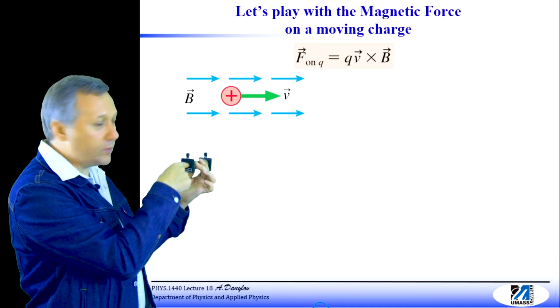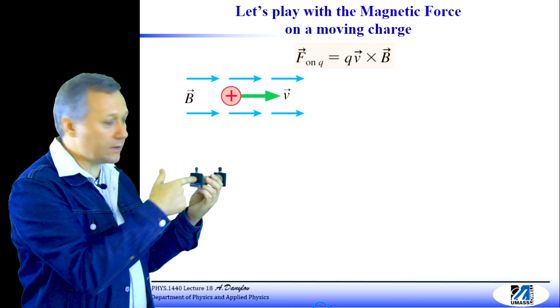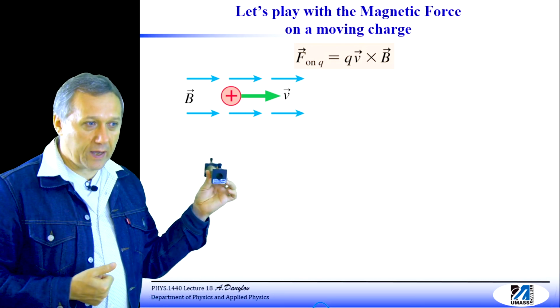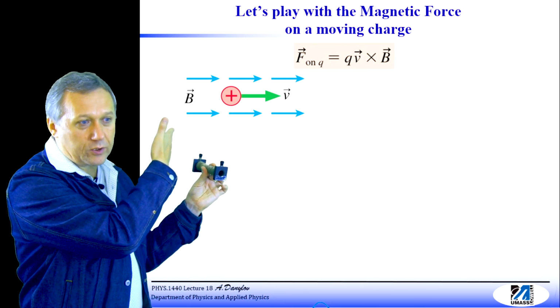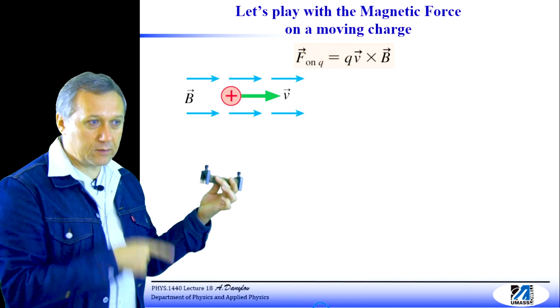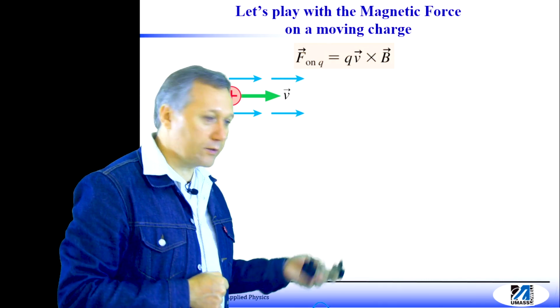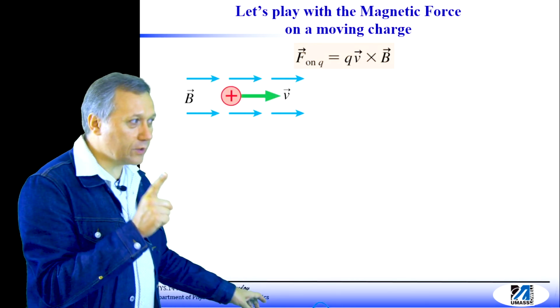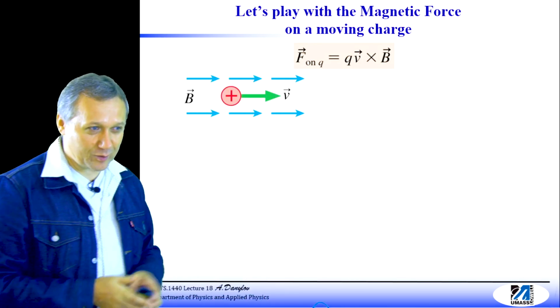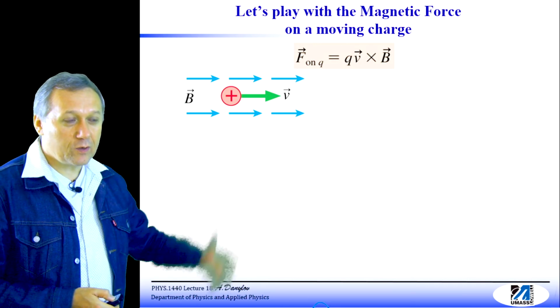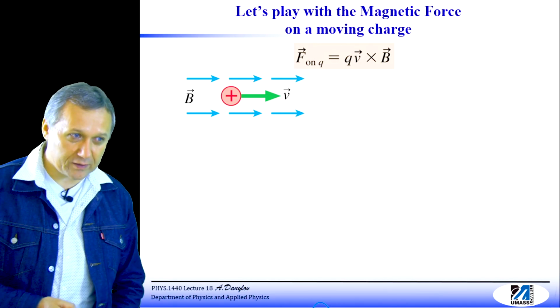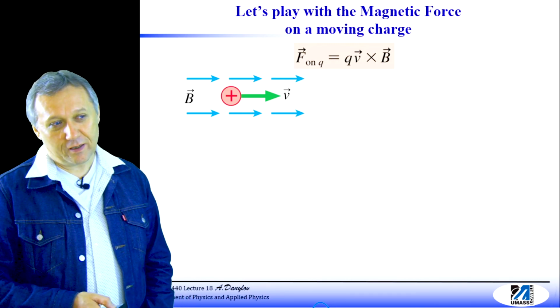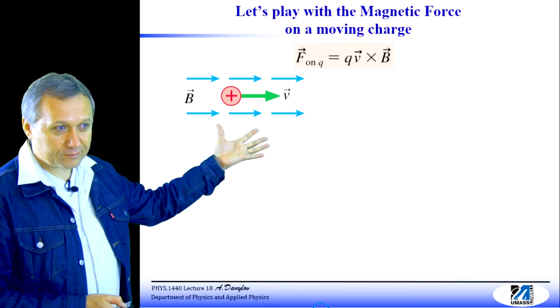In that case, magnetic field lines are parallel to the axis. So what can you say about the magnetic force acting on this proton?